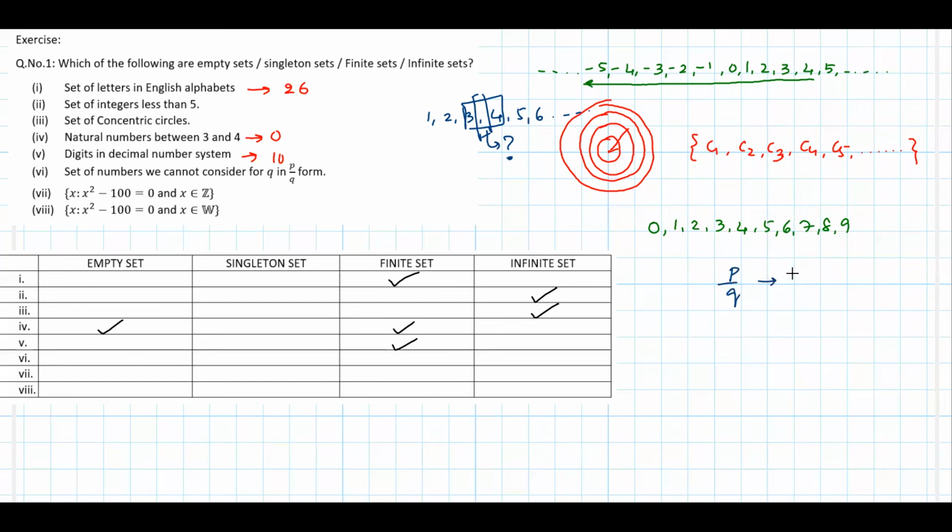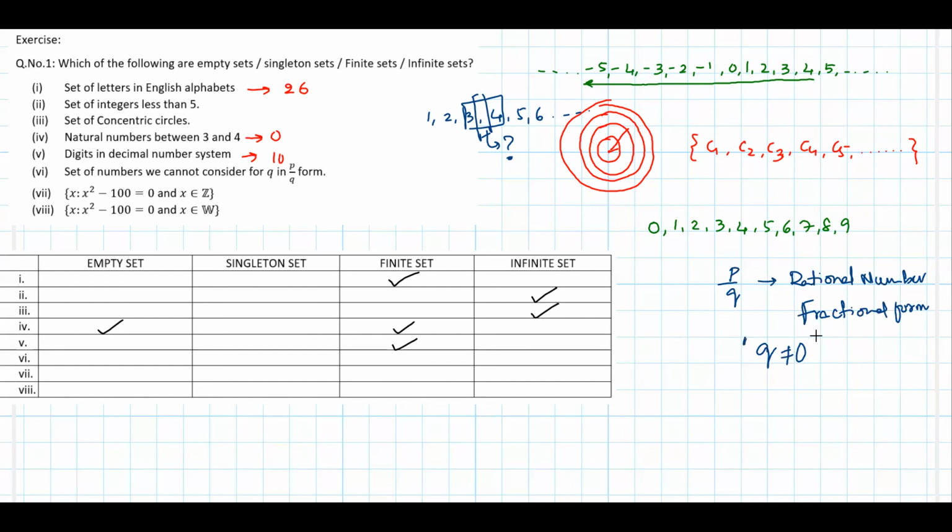To represent a rational number, we say that it should be in P by Q form, a fractional form. To write a number in rational or fractional form, we make sure the denominator should not be equal to 0.